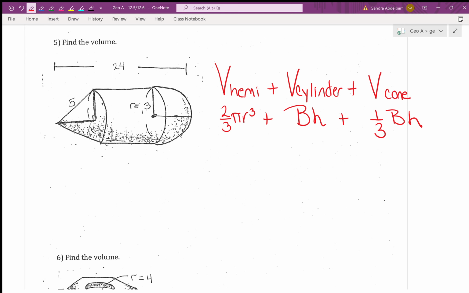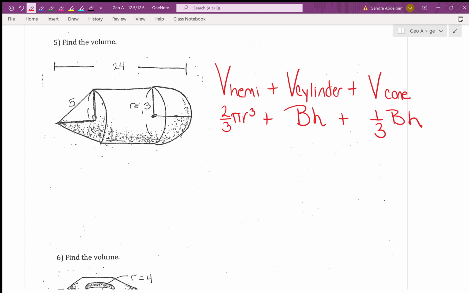So let me show you some strategy here to finding everything we need. I'll give you a second to write down your game plan. Okay, so do we agree that the radius for the hemisphere is 3?